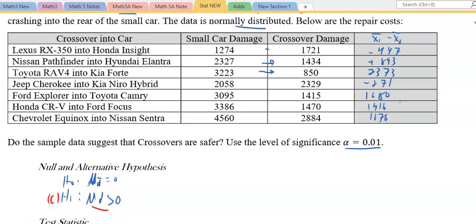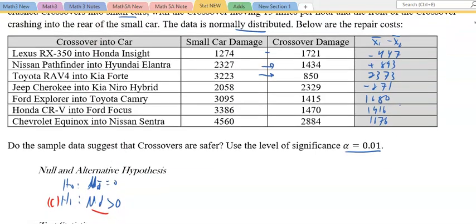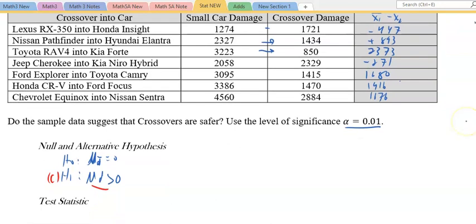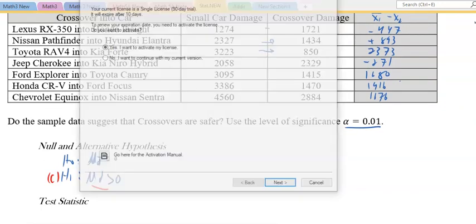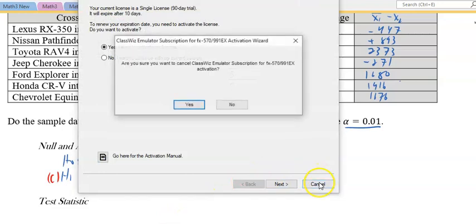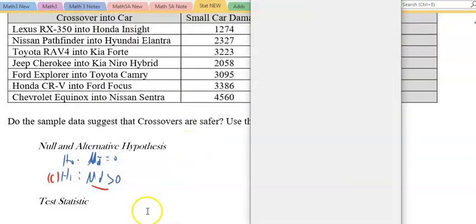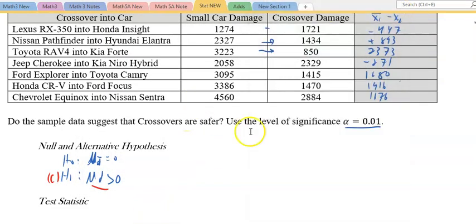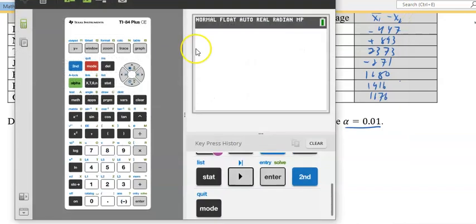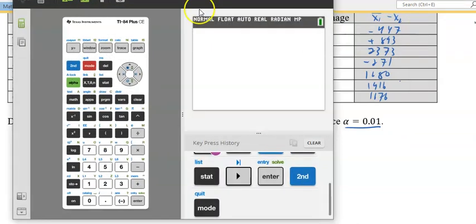The t-test, well, we have an issue. I don't have the average and the standard deviation. I could get my calculator. Oops, the wrong calculator. I can get my calculator and input those values.